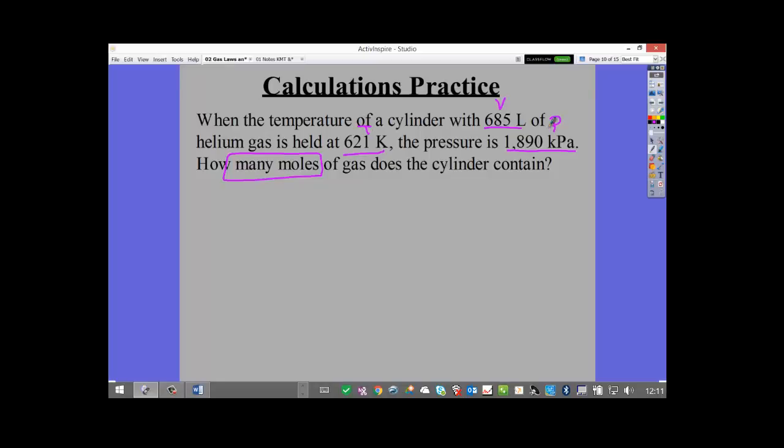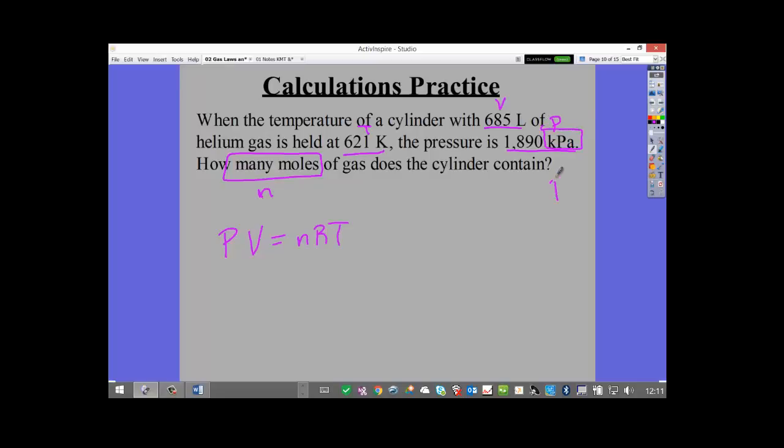What law am I going to use? The ideal gas law. That says PV equals nRT. If you look back at your notes, there are 3 R's that we can use, the gas constant. One for each unit of pressure. What unit of pressure do we need to use on this one? kPa, kilopascals.